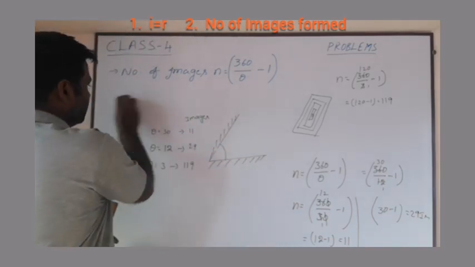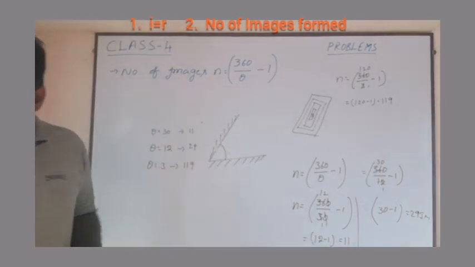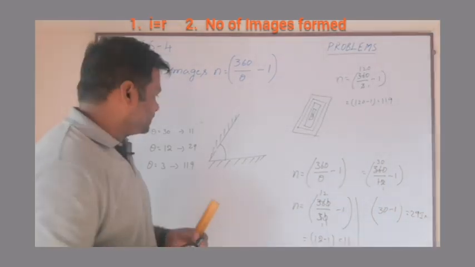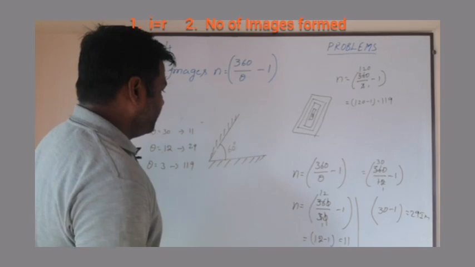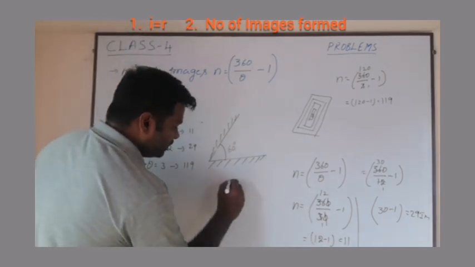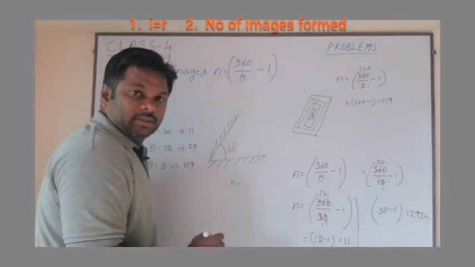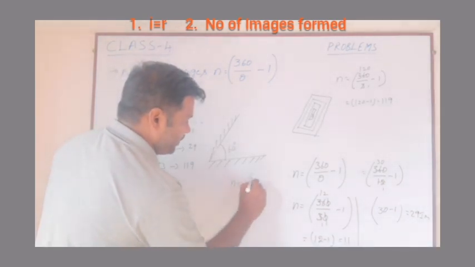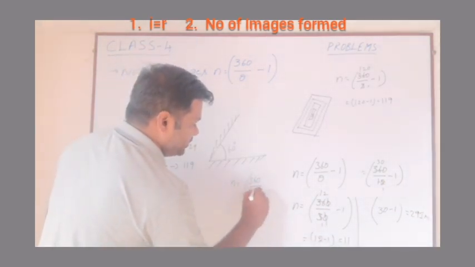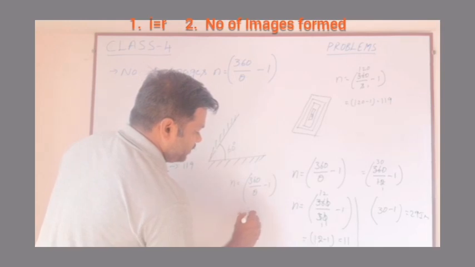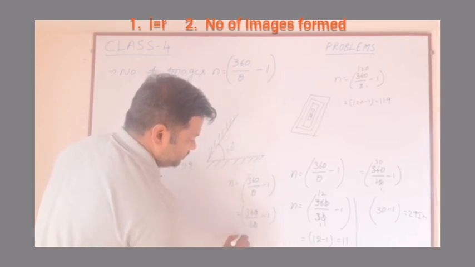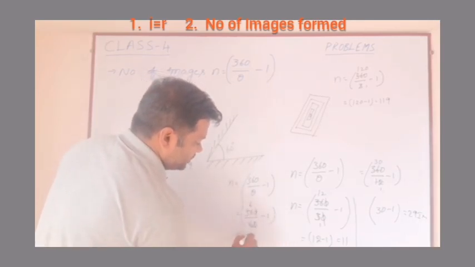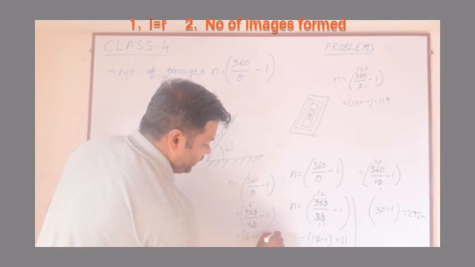Now, one thing I will do, I will increase the angle between these two mirrors. Can I take 60 degrees here? Yes, I can take 60 degrees. Then I will do the sum. What is the formula for number of images? N is equal to 360 by theta minus 1. 360 by 60 minus 1. 6 minus 1 is equal to 5.